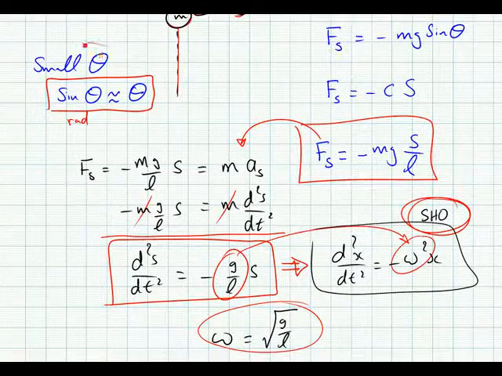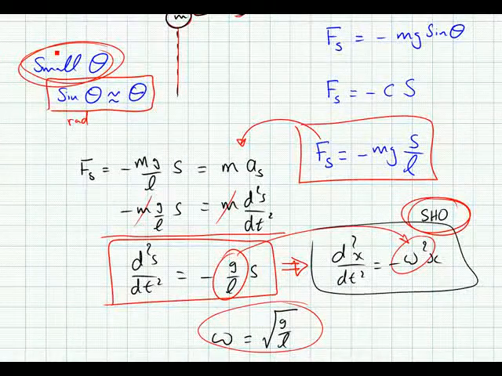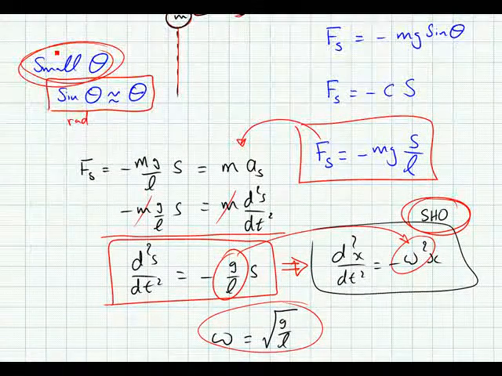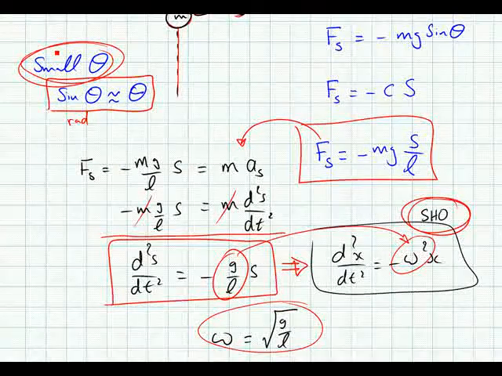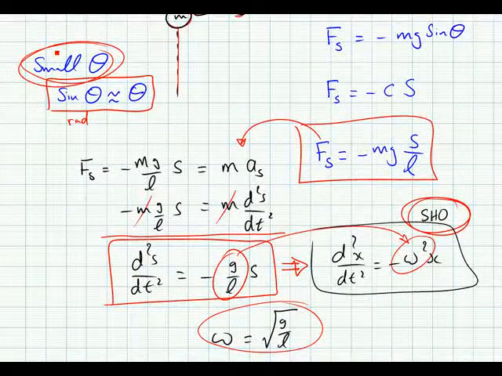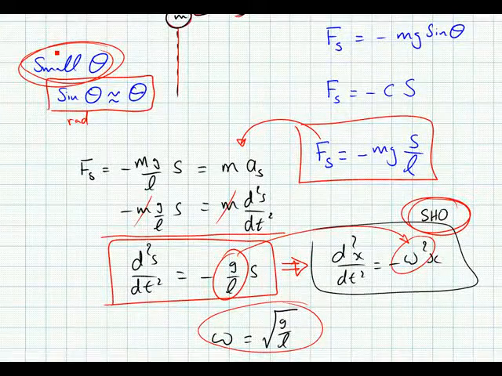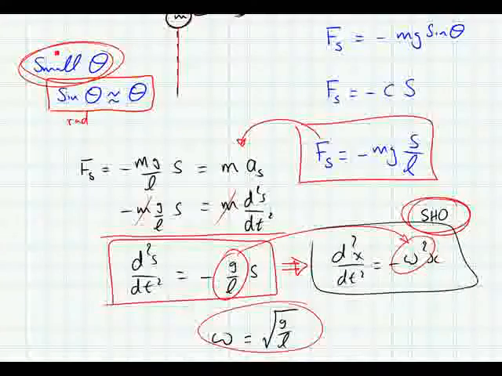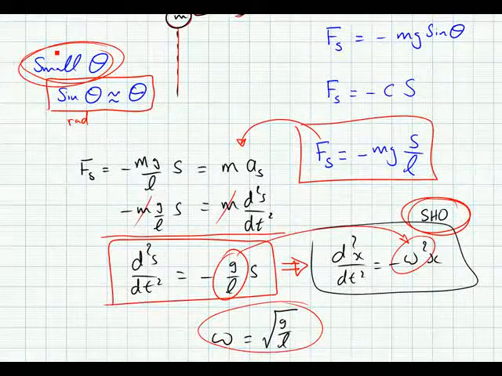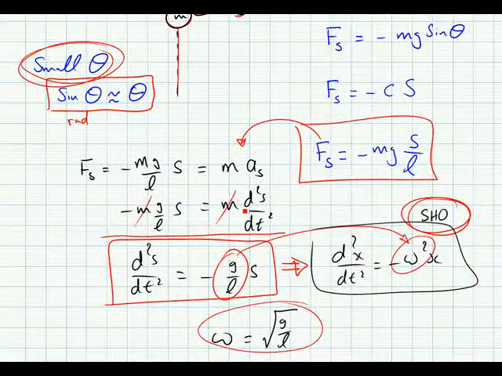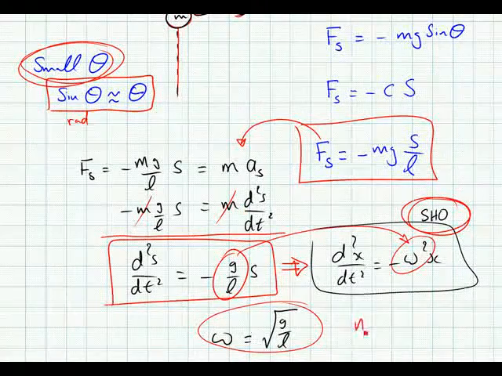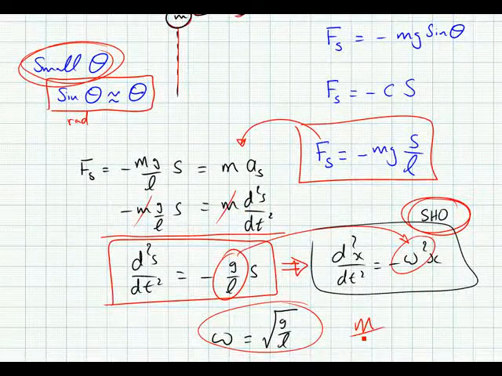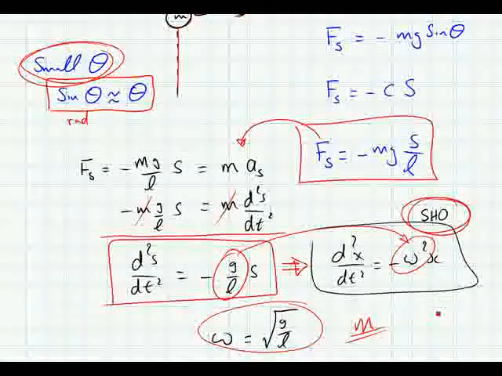This is true provided theta is small. So if you swing the pendulum out too far, then it will not follow simple harmonic oscillation. So you need to be within 10-15 degrees for the pendulum to obey simple harmonic motion. And do notice that this frequency of oscillation is independent of mass.